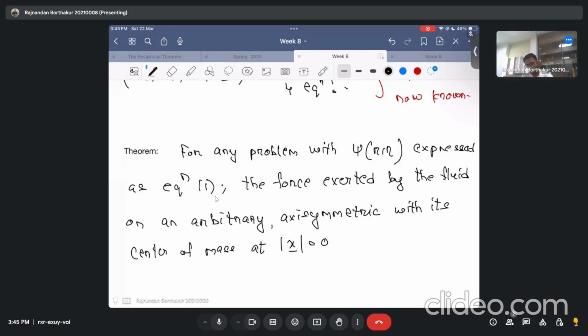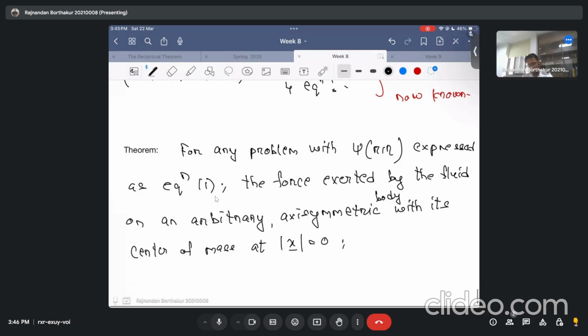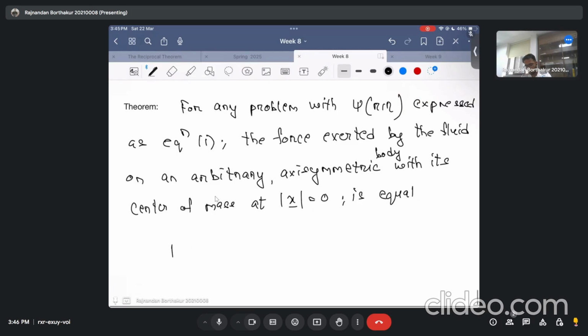So the force exerted by the fluid on an arbitrary axisymmetric body with its center of mass at x bar equal to 0 is equal to F_z, where z is the axis of symmetry, and this force is equal to 4 pi mu U_c L_c C1.